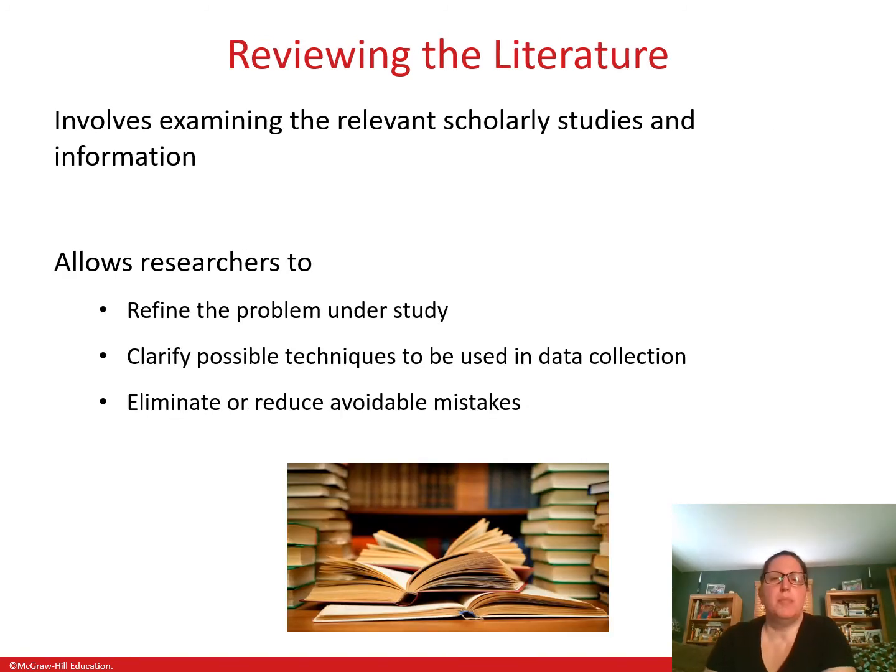Now, the second step in the research process is reviewing the literature. This process helps us to refine the problem that we are studying. It helps us to clarify the data collection technique we're using, and it helps us to reduce mistakes. So we want to look at scholarly studies, peer-reviewed articles.